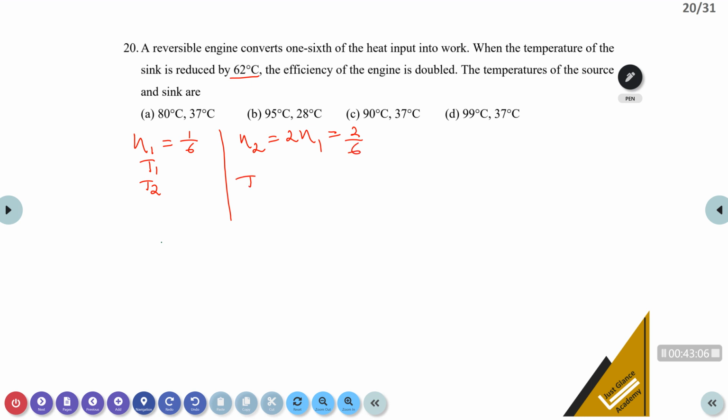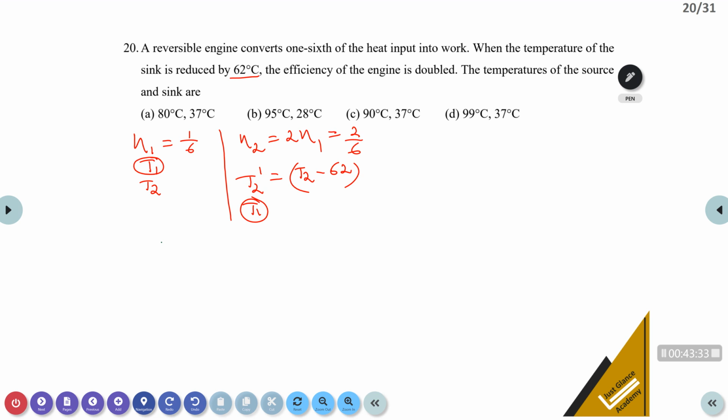But sink temperature T2 dash equal to T2 minus 62. Students, no need to convert into Kelvin, just substitute minus 62. The temperature of the source, T1, will remain the same. That is, the source temperature is not altered.